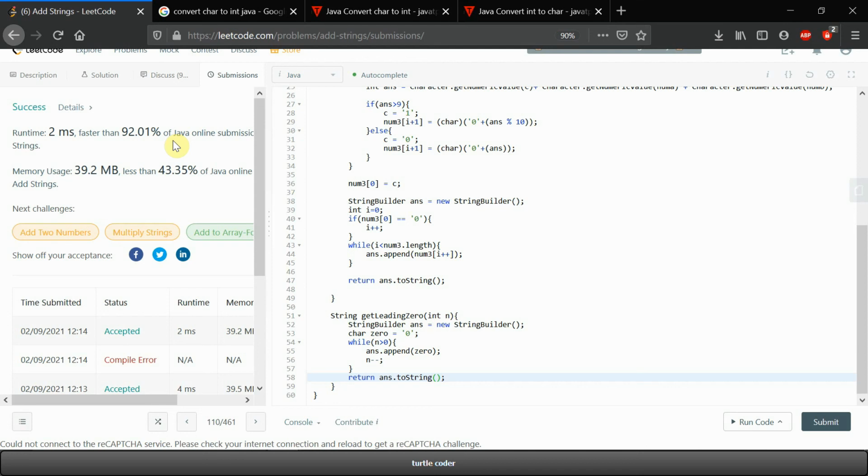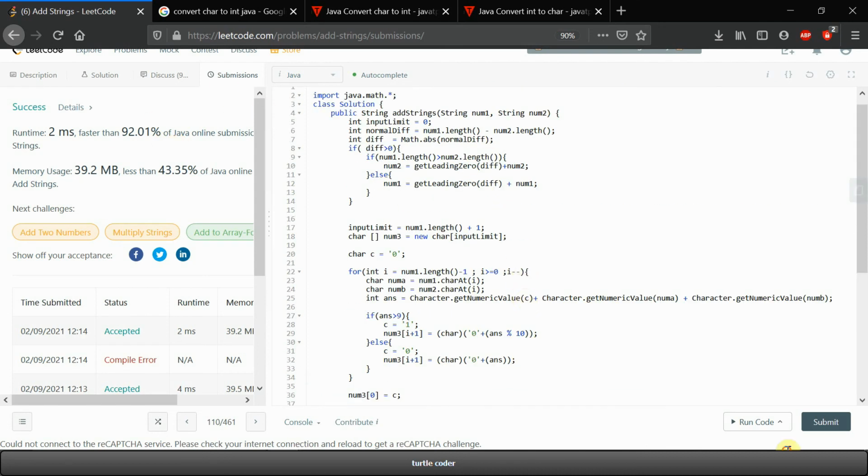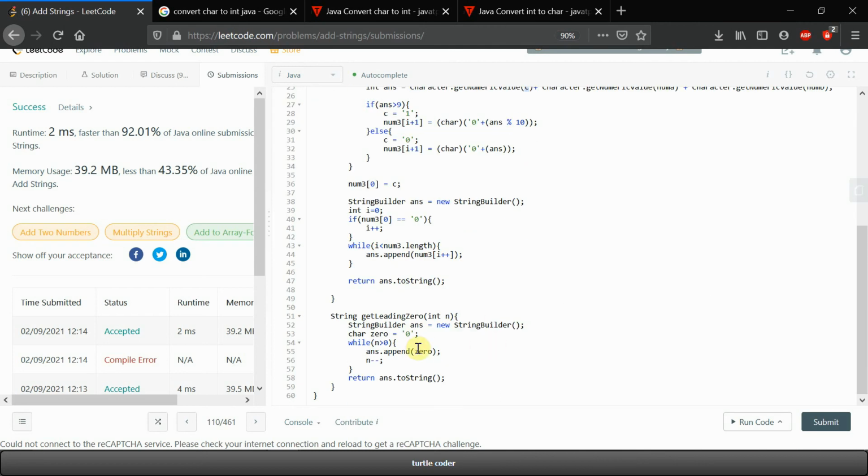to 92%. So one thing you guys should be taking care of is you shouldn't be printing any statement in your Leetcode. Second, Integer dot valueOf for a character doesn't work. So use Character dot getNumericValue. Third, don't use string to add up the things. Use string builder if you have to often update your string.